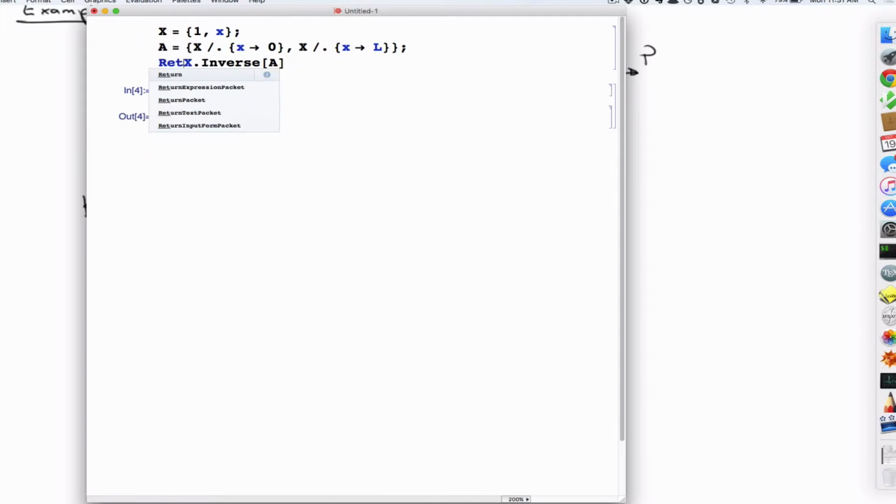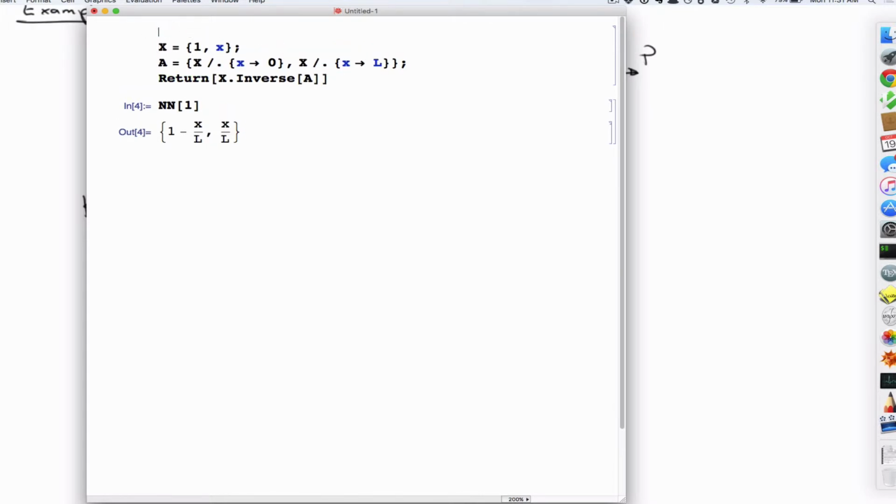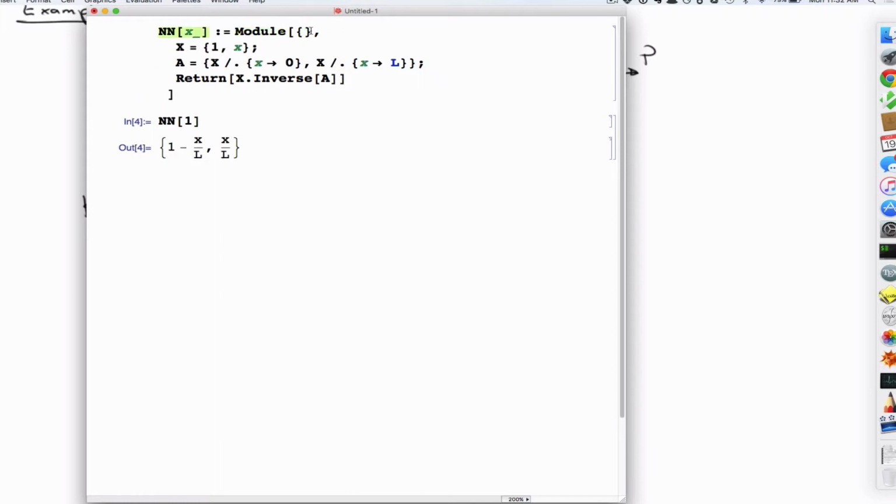Okay, let's do it a different way. You can make longer functions in Mathematica by calling them modules. So this is just like a function. x and a are local variables.